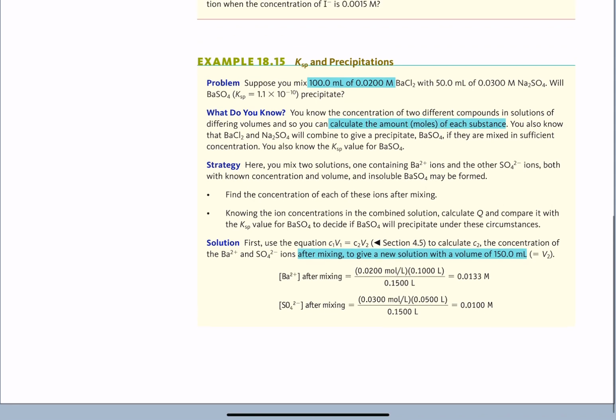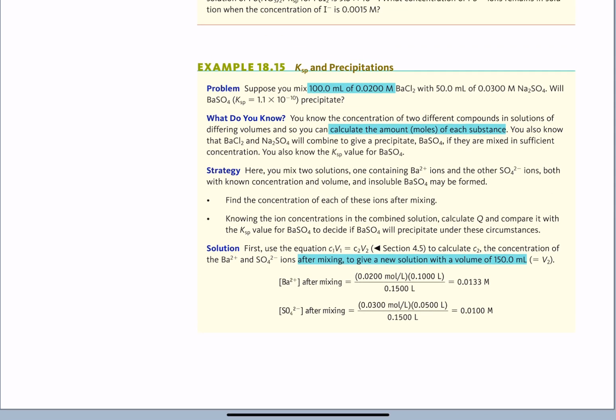So down at the bottom, we multiply the volume times the molarity to get our moles of barium and our moles of sulfate. Then we divide by the new volume. That is what people forget. You're adding two solutions together, so you have to add the two volumes together to calculate your new molarity.